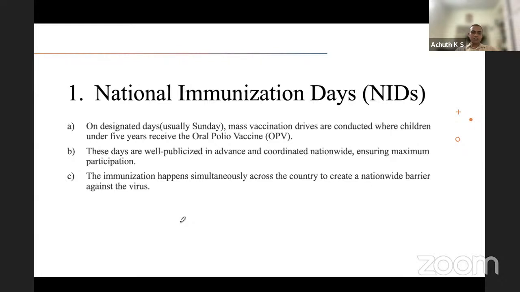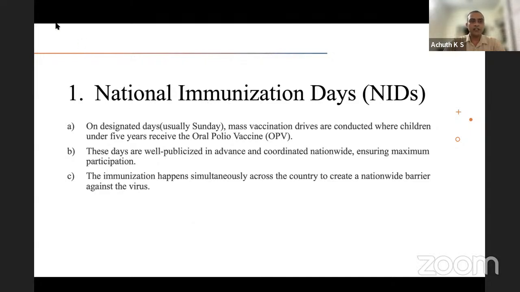Mass vaccination drives are conducted where children under 5 years receive oral polio vaccine. These days were publicly announced and given very good publicity coverage to ensure maximum participation. The immunization happened simultaneously all over the country on a single day.